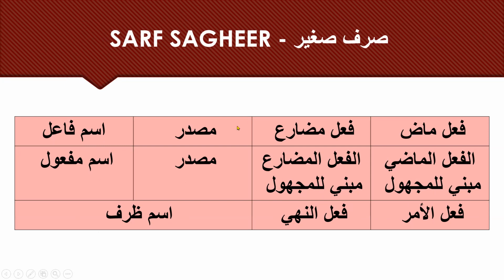This is how we are going to put words inside our self-study charts for all the families that we are going to learn. The table for the surf is as I have shown here, and each family will use this table.